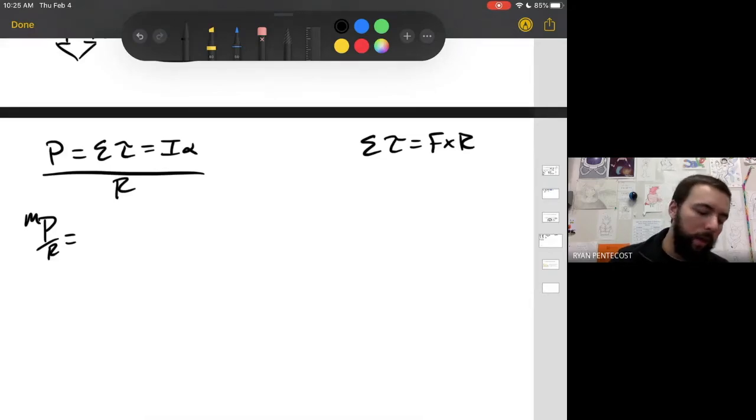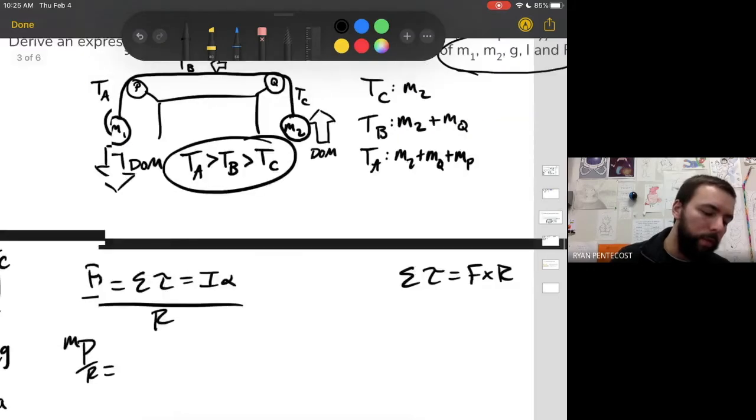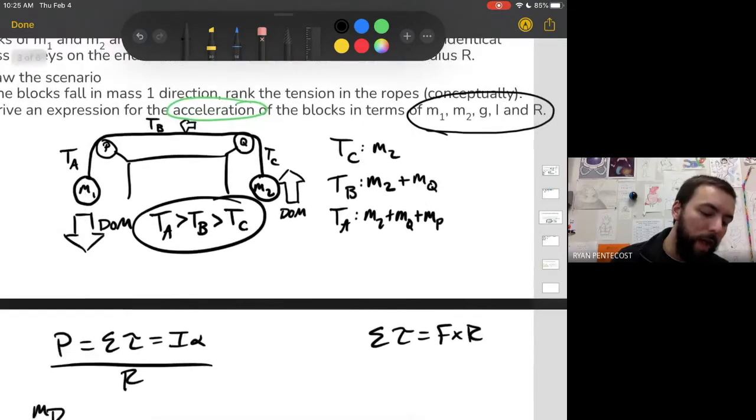Okay? So for pulley P, okay, we see that tension A is pulling it forward. Tension B kind of represents the resistance of Q and M2.